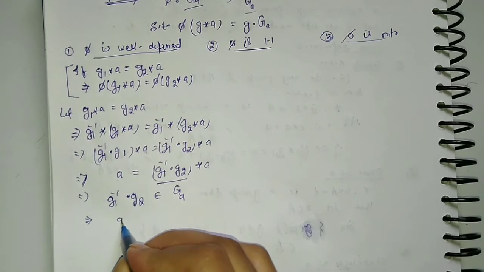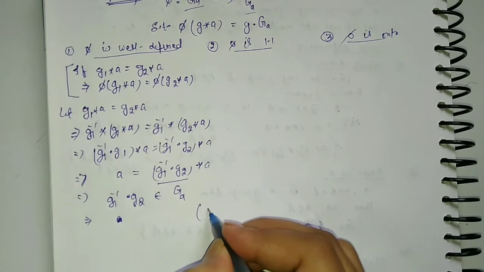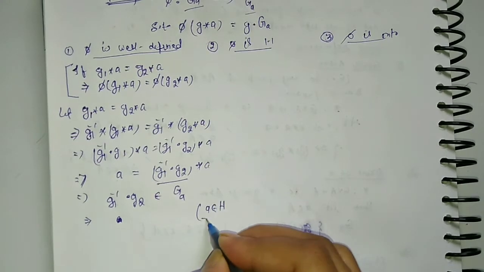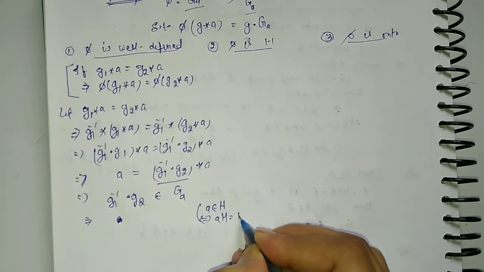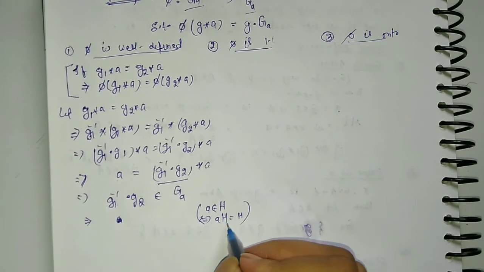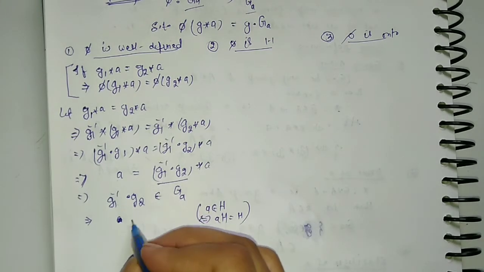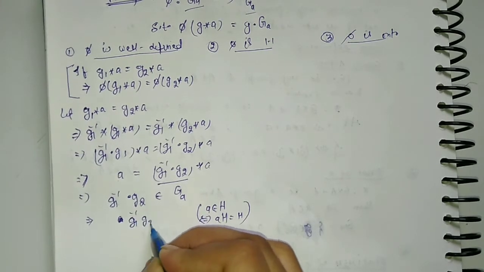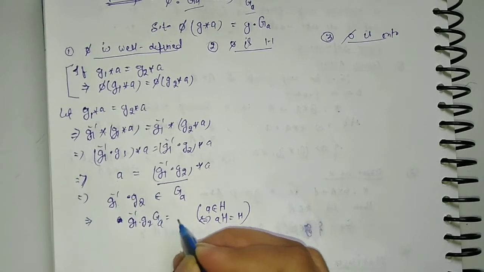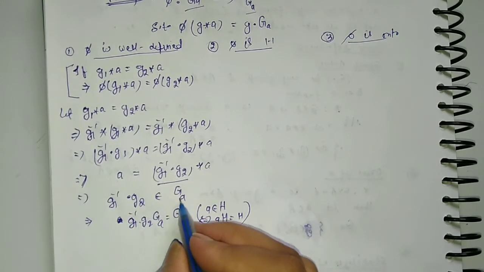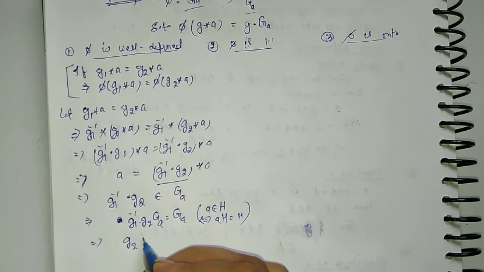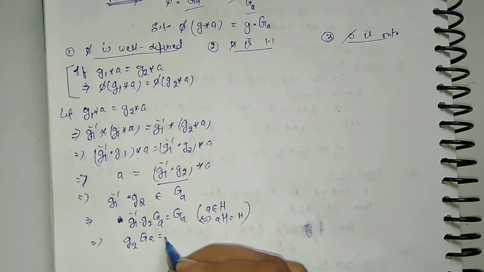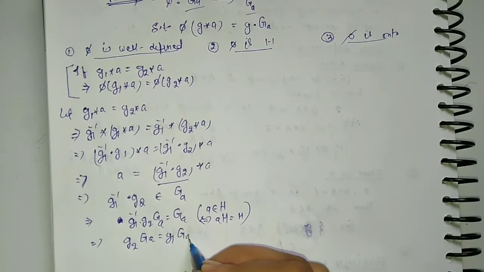So we know that if a belongs to any subgroup H, then a H is equal to H if and only if a belongs to H. This is a property of left coset. So here also g1 inverse g2 Ga will be equal to Ga, because this element belongs to this subgroup, and multiplying g1 on both sides on the left, we will get g2 Ga is equal to g1 Ga.